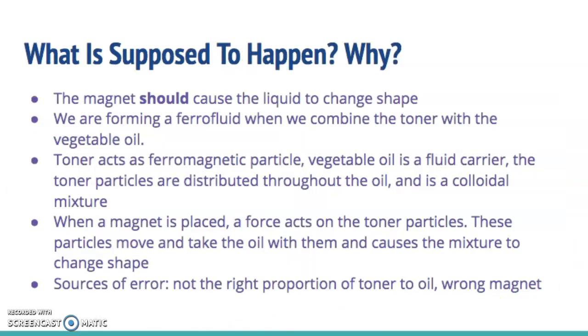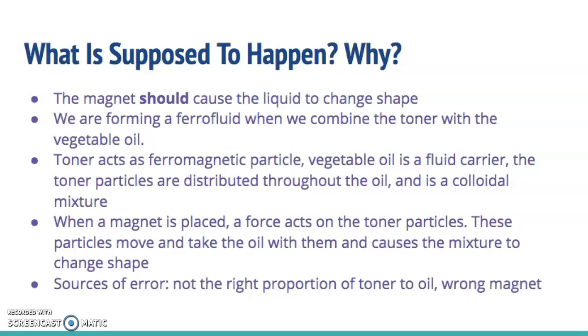But let's go over what was supposed to happen and why this is supposed to happen. So the magnet should cause the liquid to change shape. It should cause some movement there when we hold the magnet up to the side of the liquid. If it's in a close enough proximity, then we should see a change.